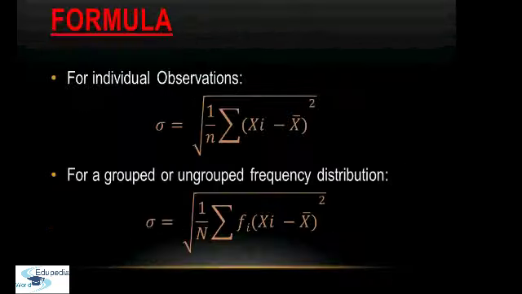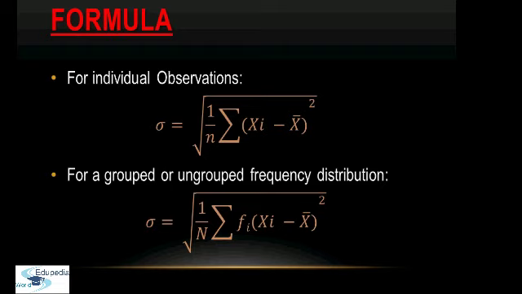So here we have the formula for individual observation, as we have seen just now: the standard deviation sigma is equal to the positive square root of the sum of the square of the deviation divided by n, that is, the positive root of the average of the square of the deviation.